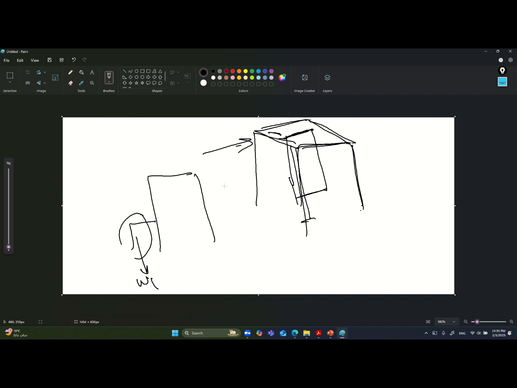So if we have a building here, and we have a smaller part of the building, like a storage house or a guard house or whatsoever, and its weight is W1, and it is connected to this structure through this element.